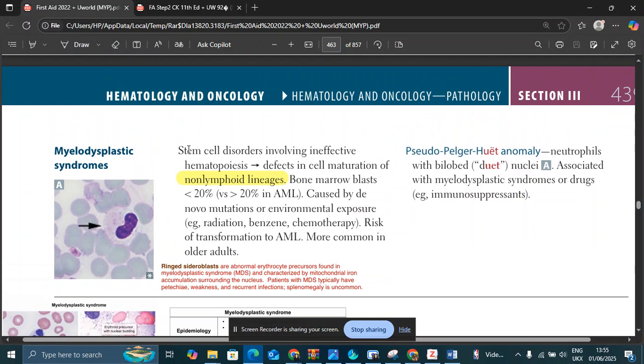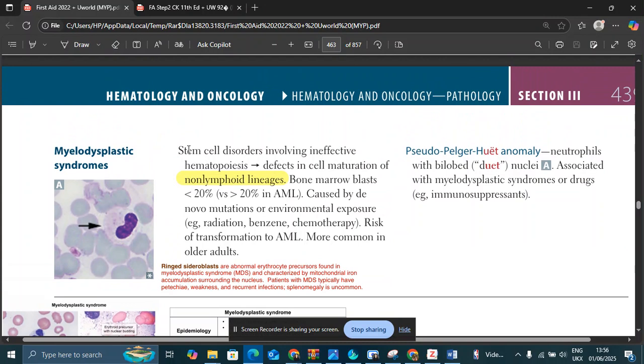If the patient has anemia, then the patient will present with weakness, easy fatigue, shortness of breath. If the patient has leukopenia, then he or she will present with infections, increased risk of infections. And due to thrombocytopenia, the patient could have bruising and an increased tendency to bleed.